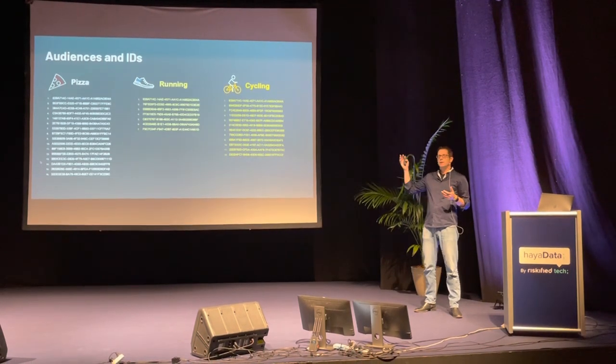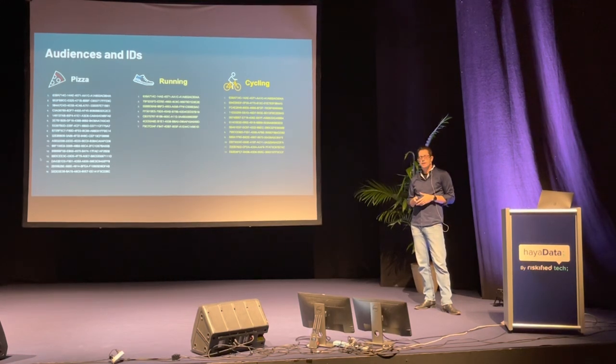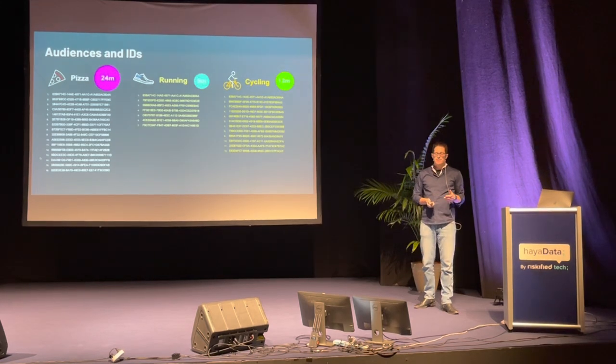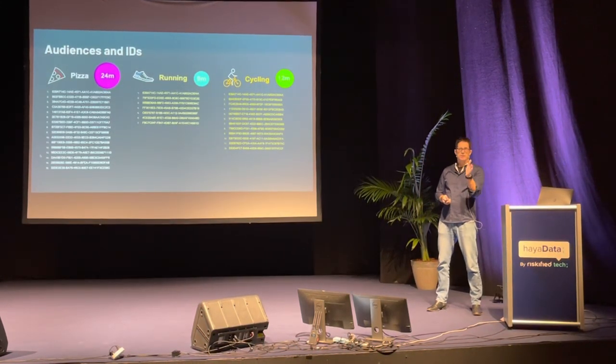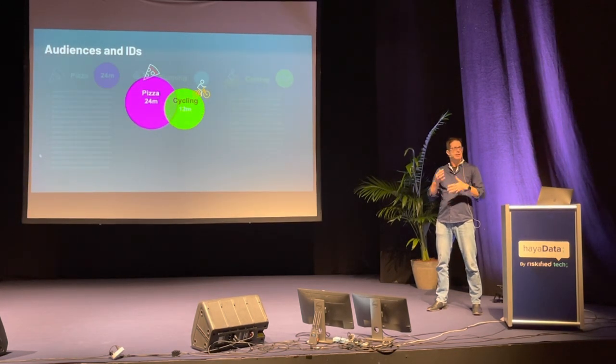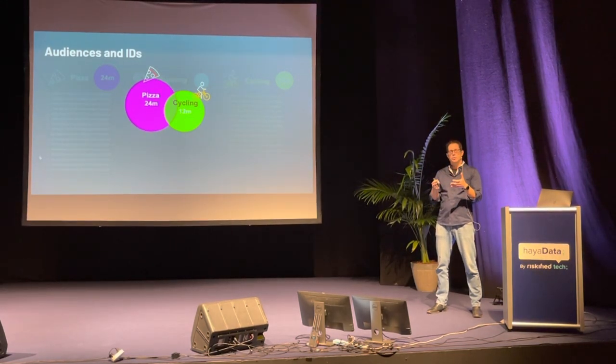So there could be a group or an audience of pizza lovers, and people who are into running, and cycling enthusiasts, and so forth. The list, by the way, could be different sizes. This is really useful. Marketers love this because they like to intersect these groups and then run marketing campaigns towards these devices or users.